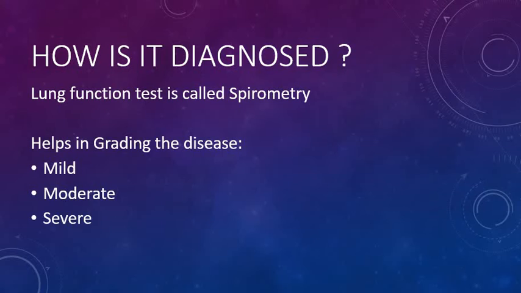Now you must be wondering, how is it diagnosed? There's a simple test called lung function test or spirometry, which helps to diagnose this condition. Now it's very easy. You're asked to blow through a pipe as hard and as long as possible, and this is recorded in the machine.